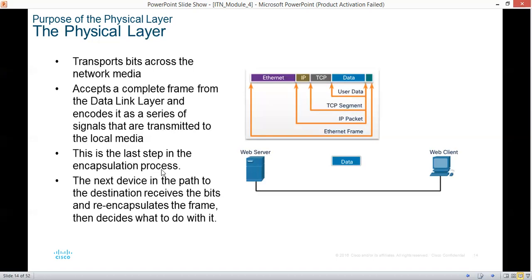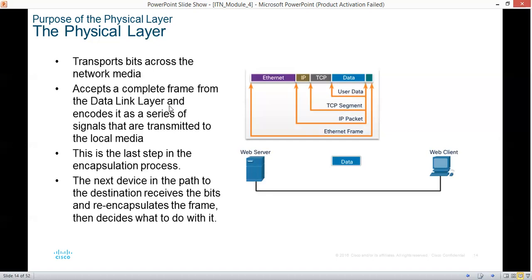If you remember vividly when we were talking about the OSI model, we did say that starting from the application layer downward, the next layer before the physical layer is the data link layer. So here, we're trying to tell you the characteristics of the physical layer. It accepts a complete frame. Remember, at the data link layer, what you have is frame.